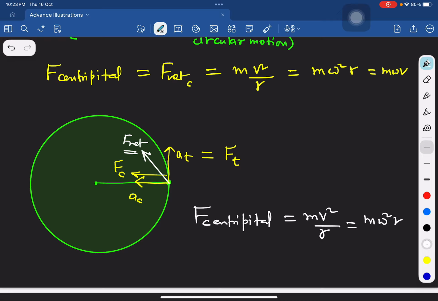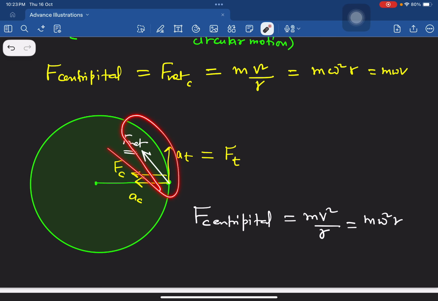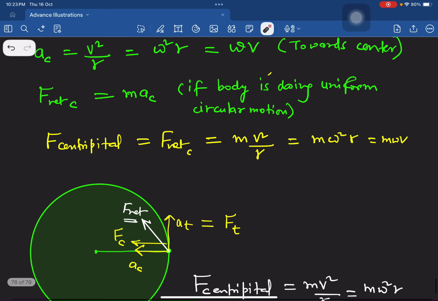But along with that, your particle will also have some external force acting in the direction of the tangent of the circular path. So these two forces act on the body, and the net force would not be towards the center; it will be somewhere in this direction, as I have shown here. This is the very basic thing about the dynamics of circular motion.